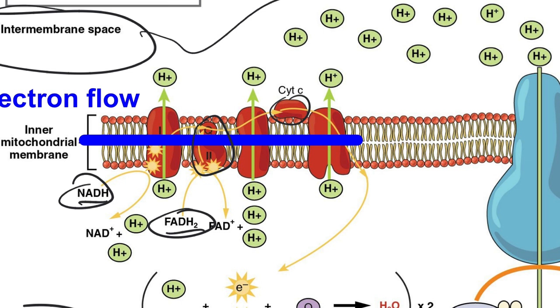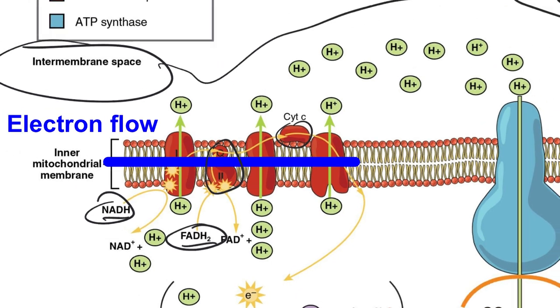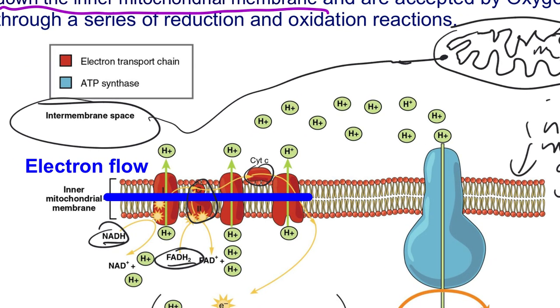The high energy electrons will fall down this electron transport chain. The energy release will pump the hydrogens into and concentrate them in the intermembrane space right here.